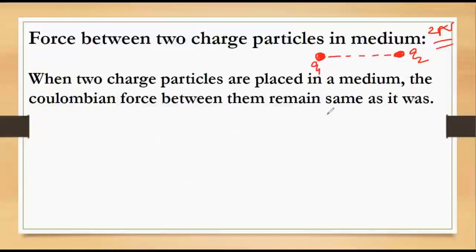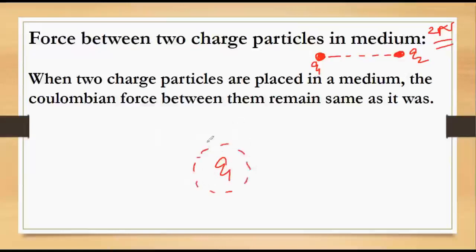So actually what will happen, that is a very important point to understand. Say a charge Q1 is placed in water, or some other medium. Immediately, when you place Q1, some negative charge will be induced around it.